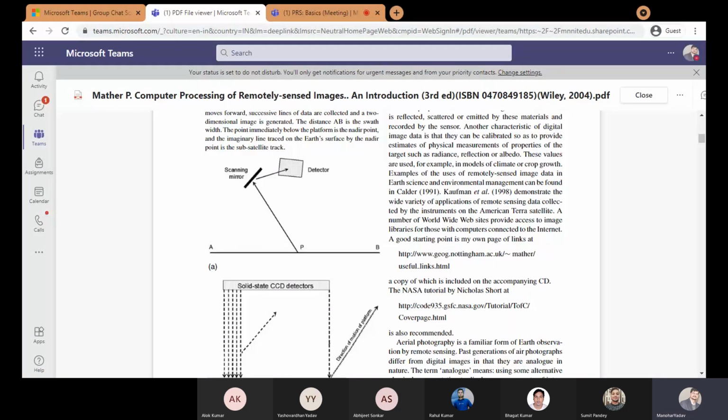It also depends on the reflectance capability. Let's assume an ideal surface where all the energy is reflected back. In that case the energy will be highest in the red band, then decreasing in the near infrared band, and further decreasing in the mid infrared band, because the wavelength is monotonically increasing.